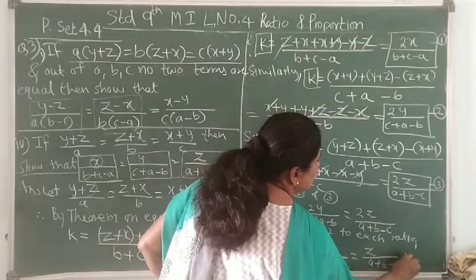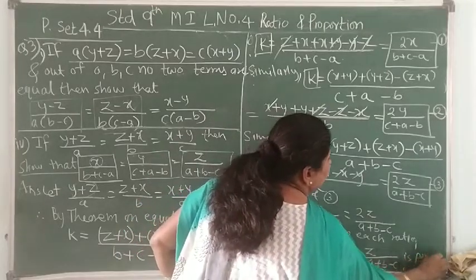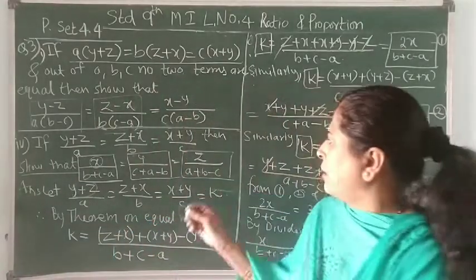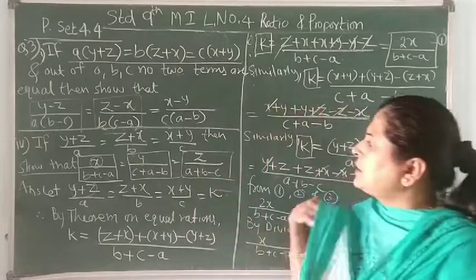All these three ratios are equal, is proved. So hence we have proved the required three ratios to be equal in this way.